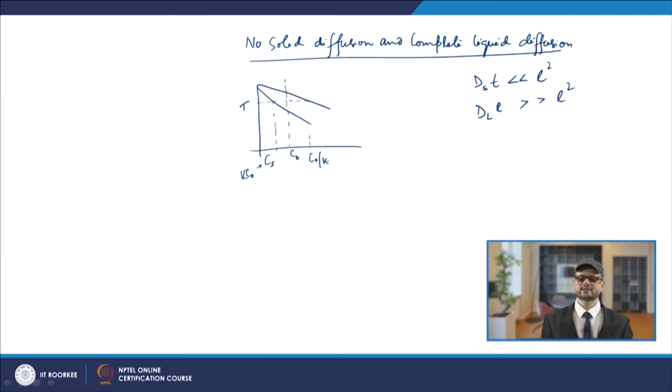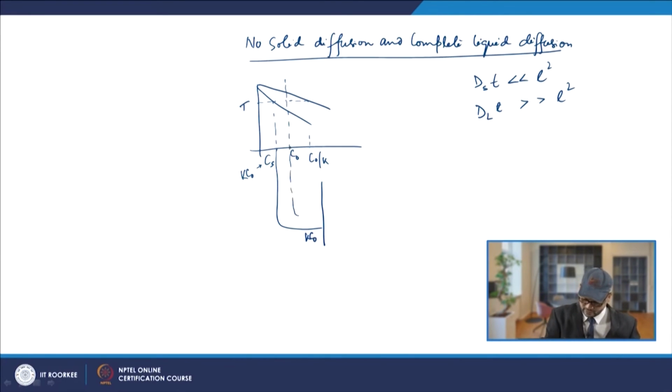Now, as we discussed, in these cases you have complete diffusion in the liquid, whereas no such case in the solid. So, if you draw, this Cs will be coming, and this is your C naught.